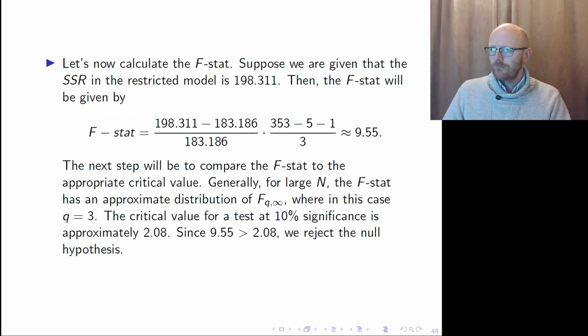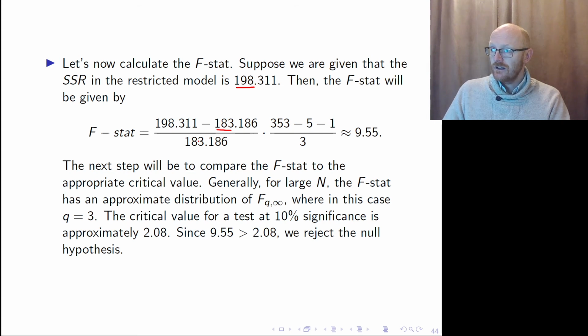Okay, so let's calculate the F-stat. We are given that the SSR in the restricted model is 198, and we were given in the output that the sum of squared residuals in the original model, the bigger model, is 183.